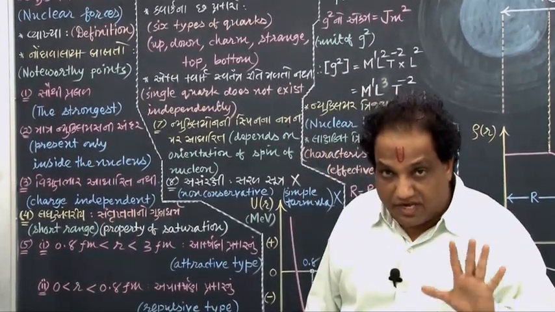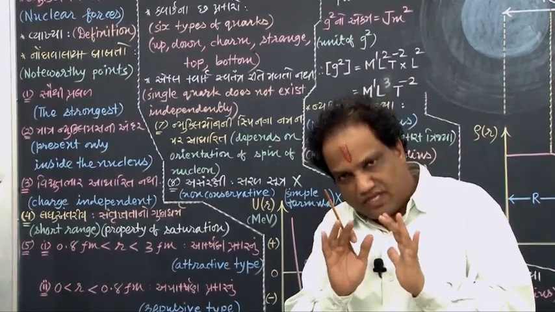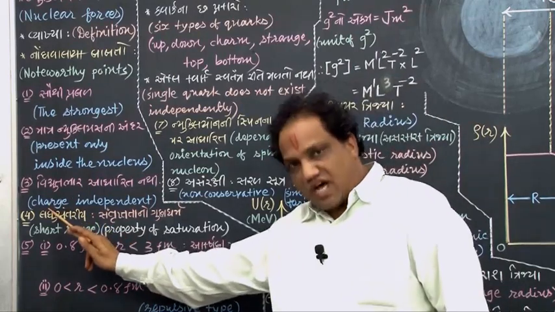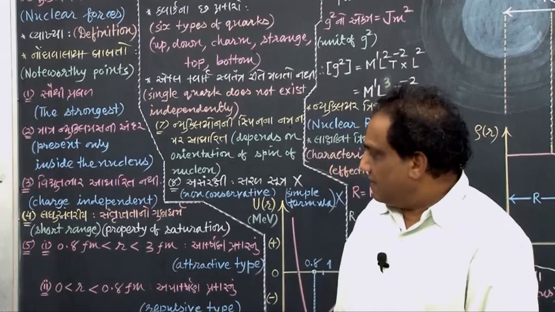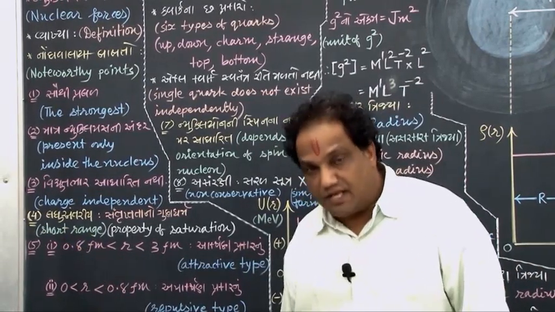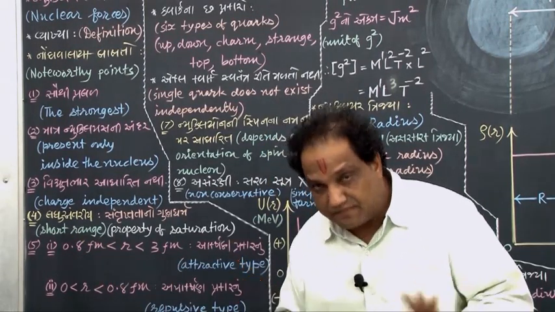They are not present outside the nucleus. They are restricted within the nucleus only. They do not depend on charge, so they are charge independent. Then they are effective up to very short distances. That's why they are called short range forces.